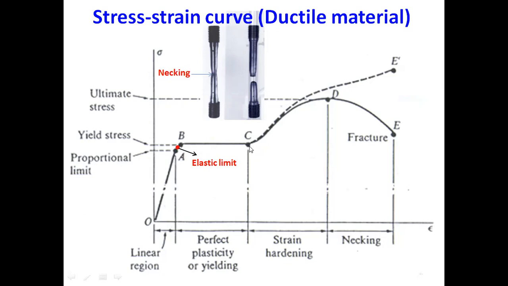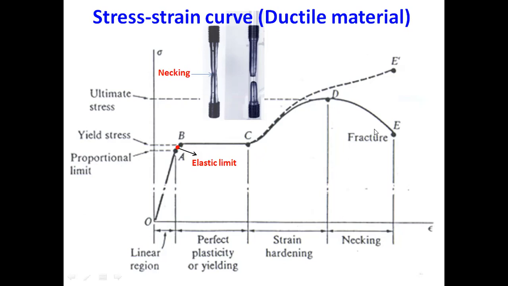And at point C, the material again regains its strength and hardens, and this phenomenon is known as strain hardening, because already considerable strain has happened, and again it started resisting the load. So from here to here we have strain hardening.